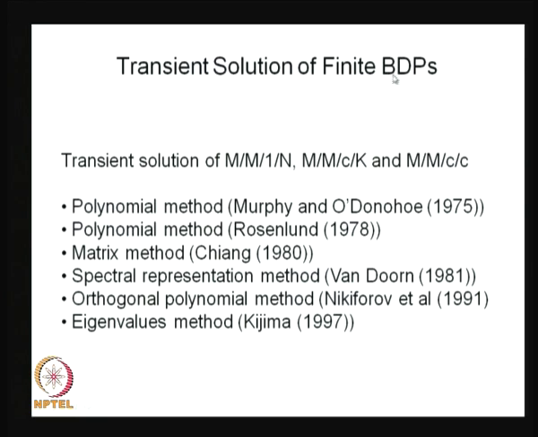That means you have a birth-death process with a finite state space. Therefore, the Q matrix is going to be of the order of the number of states in the state space, and it is going to be a tridiagonal matrix, and you know the lambda n's and mu n's, the birth rates as well as the death rates. And the birth rates and the death rates are going to be different for these three models.